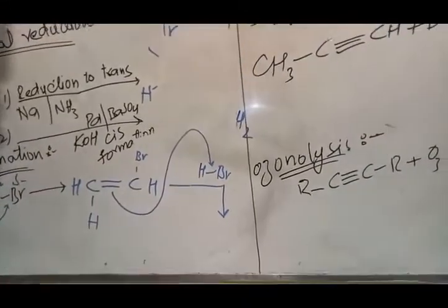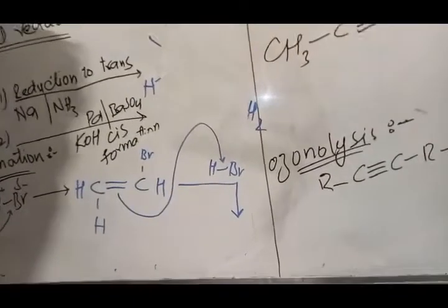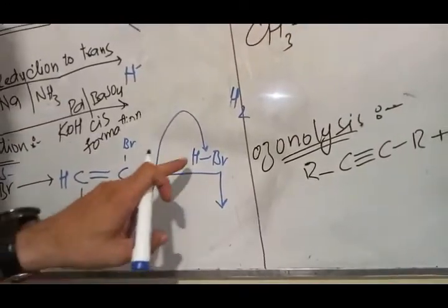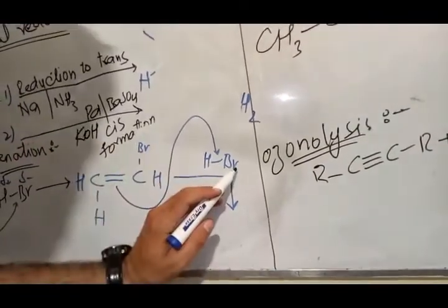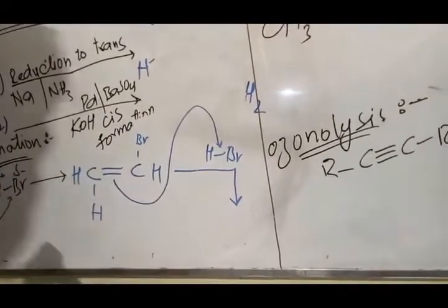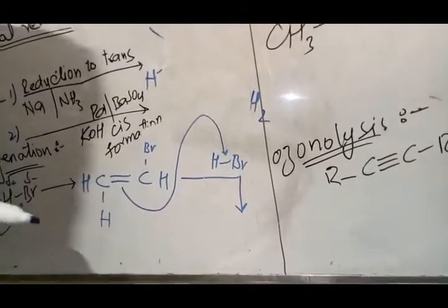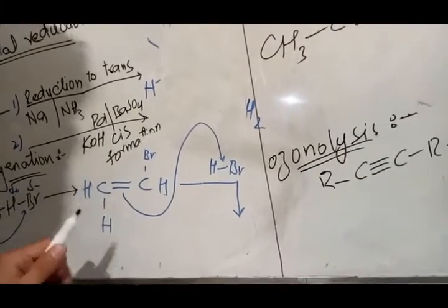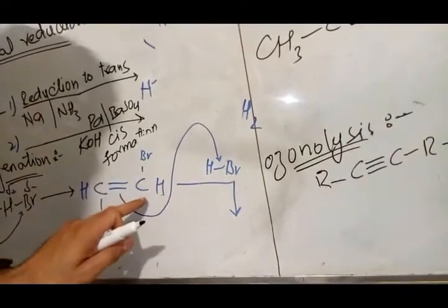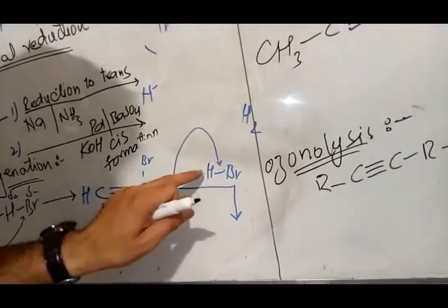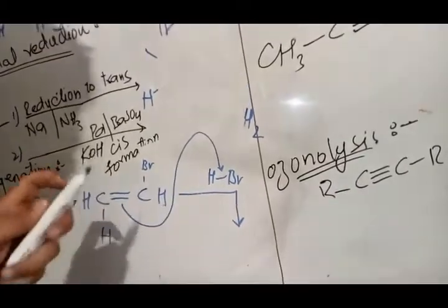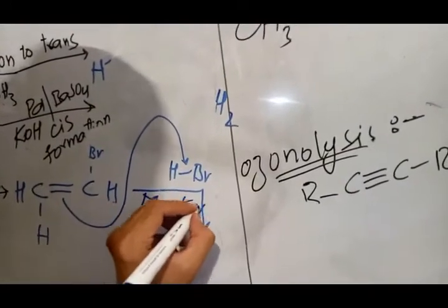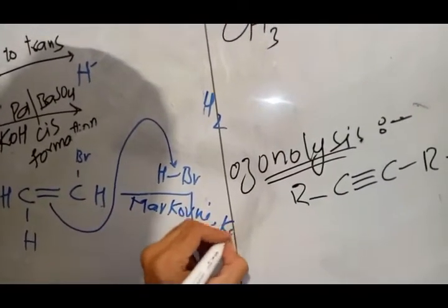Now if you remember, we have learned Markovnikov's rule, and that rule tells us that if an unsymmetrical alkene is added to HBr or some acid, the negative part will attach to the carbon atom which has the lesser number of hydrogens. As you can see, this carbon has one hydrogen, this carbon has two hydrogens. So by adding, the negative part must attach to that carbon and hydrogen must attach to that carbon according to Markovnikov's rule.